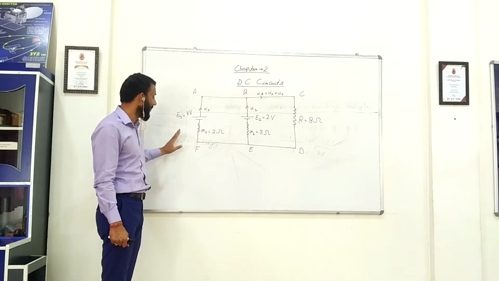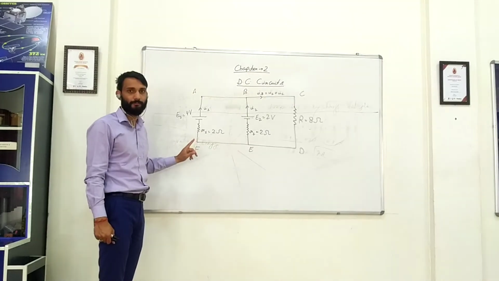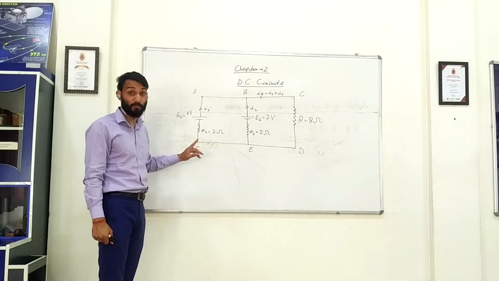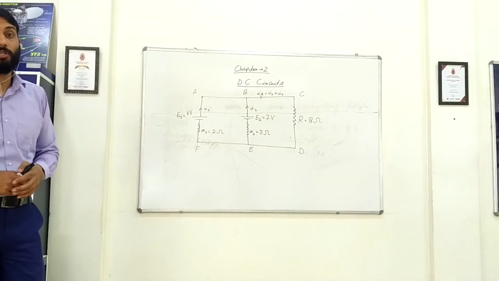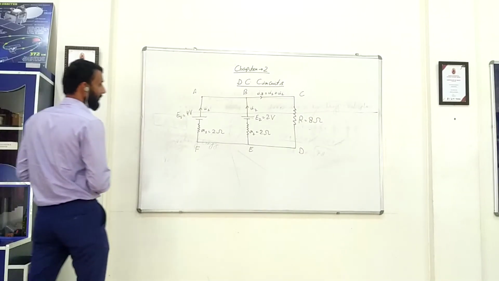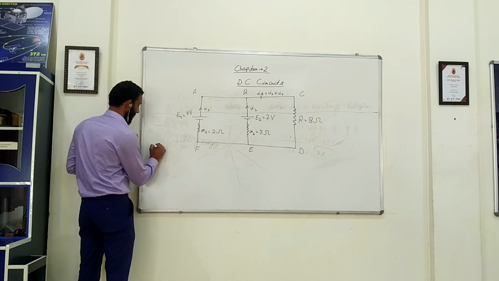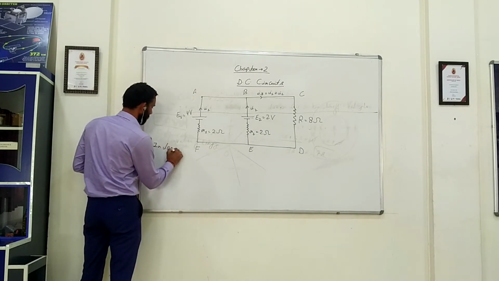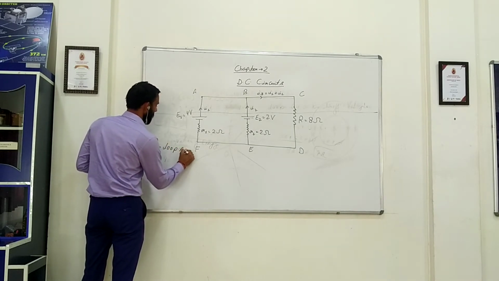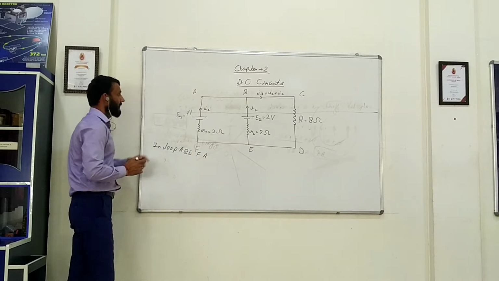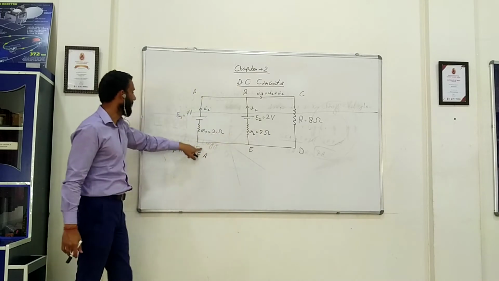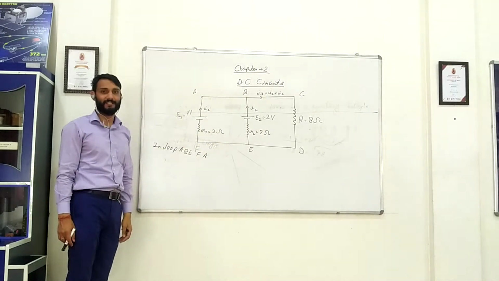Now we have to apply the second law, the loop law. Before applying the second law, we always consider loops. I take the loop A, B, E, F, A. This is the loop I am considering, right?